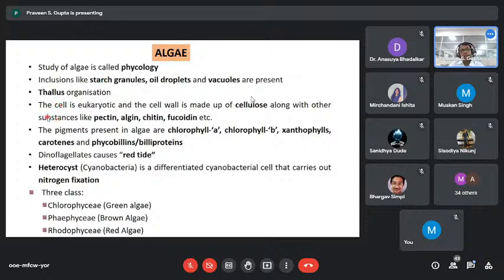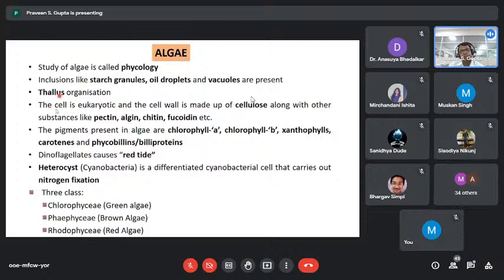Okay, so they do not have any rigid structure. That's why it is called thallus organization. Not cytoskeleton, I should say that rigid structures are not present, and the vascular system is absent in the algae. The cell is eukaryotic, obviously, and the cell wall is made up of cellulose.